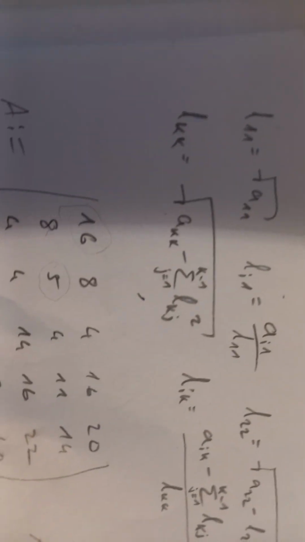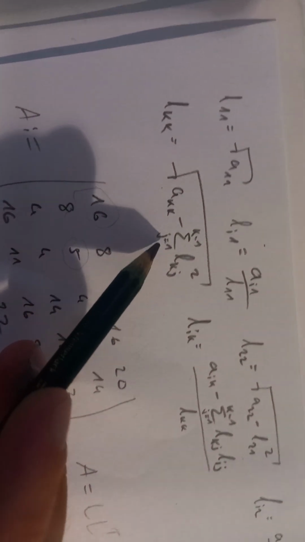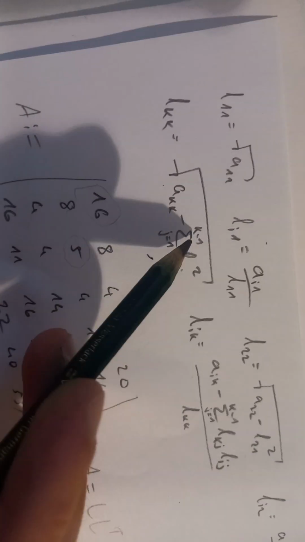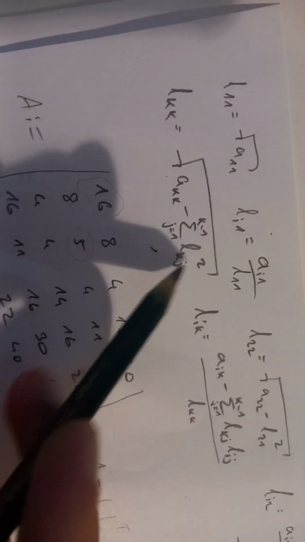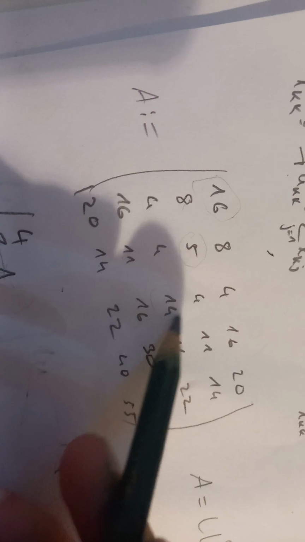And now we're going to get to the really disgusting formulas. L_kk equals A_kk minus the sum from j equals 1 to k minus 1 of L_kj squared. So, simply put, we are going to take this number right here and see where we're going to put it in the same position.